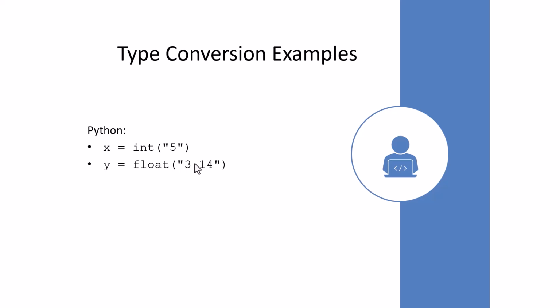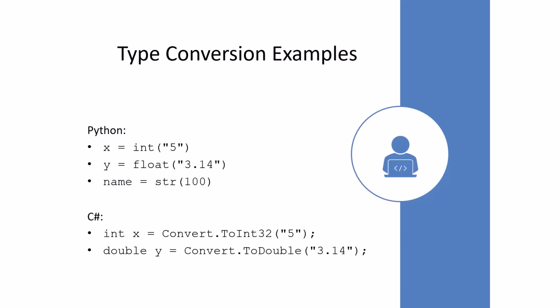So you're converting this string 3.14 into float and storing it in y. And for name, you're converting the number 100 into a string and storing it in name. And similarly in C# we have Convert.ToInt32 of string 5, and it will be stored in the integer 5. And similarly Convert.ToDouble 3.14 will store the value as a double in y.